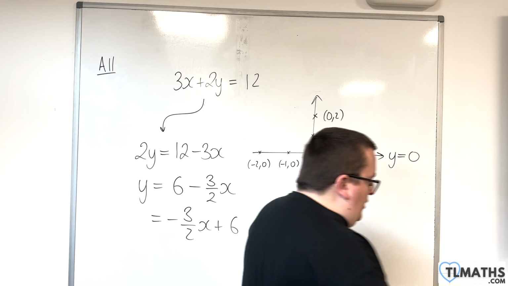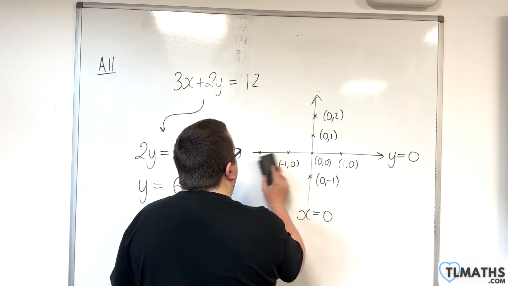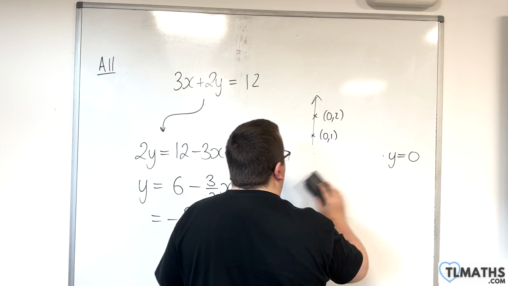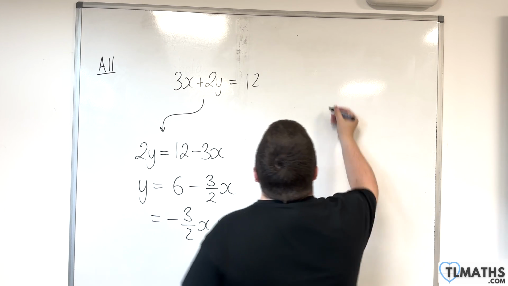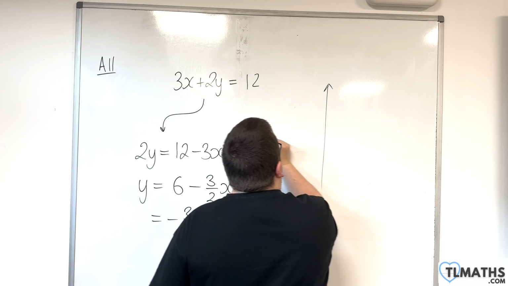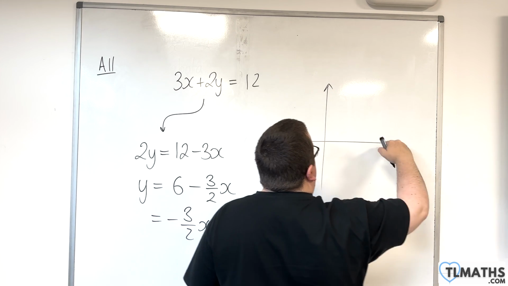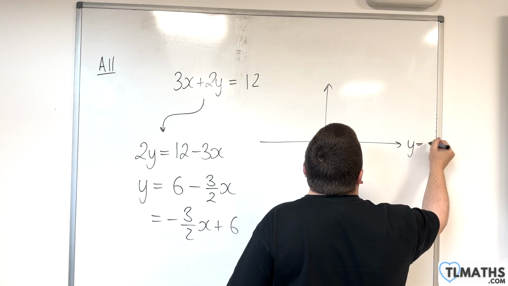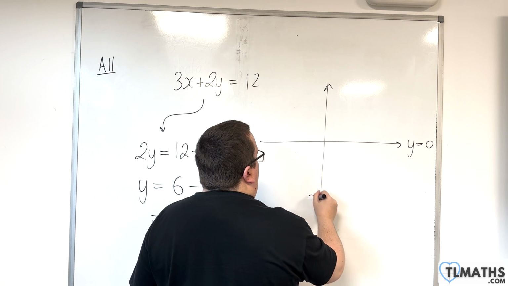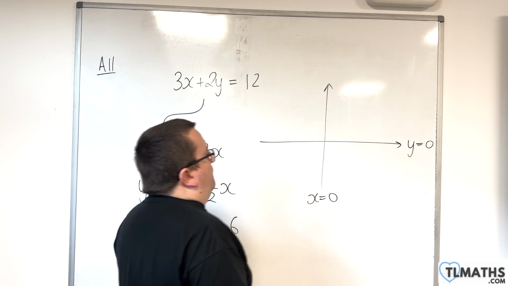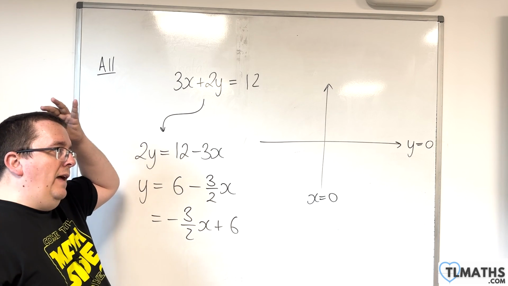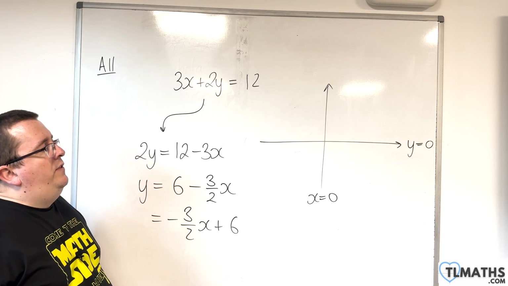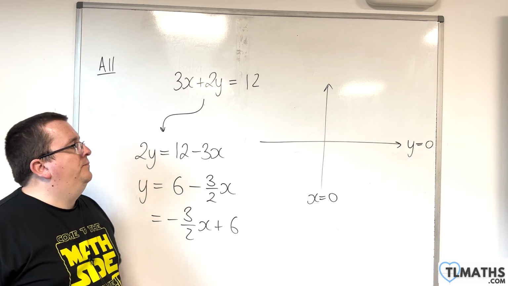So you get this strange picture where the x-axis is y equals 0 and the y-axis is x equals 0. It feels kind of a little bit strange writing it that way round, but that is the case. Okay, these are the equations of those lines.